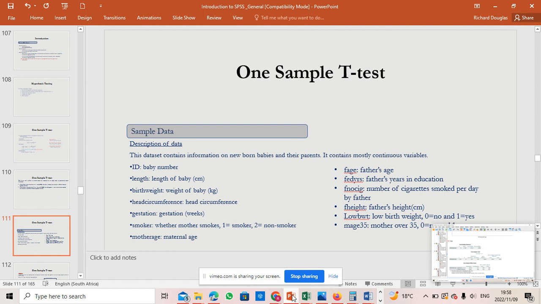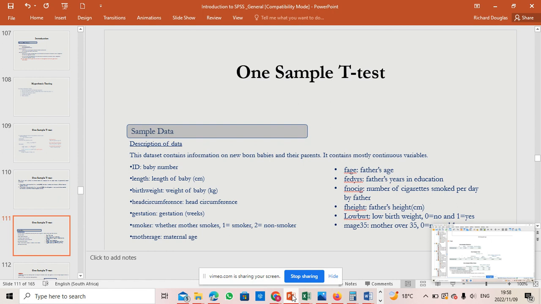a data set that contains information on newborn babies and their parents. Essentially, it consists of continuous variables.